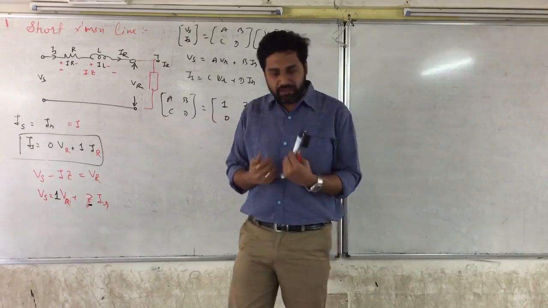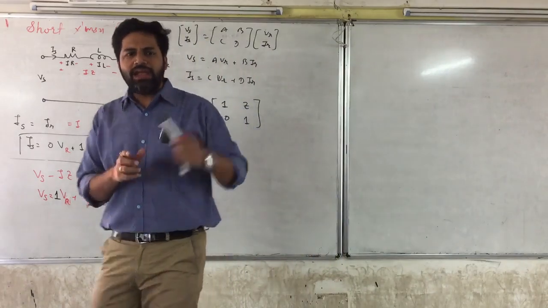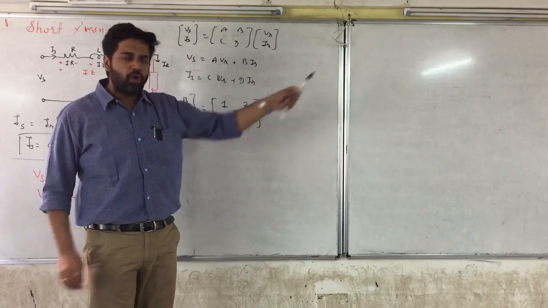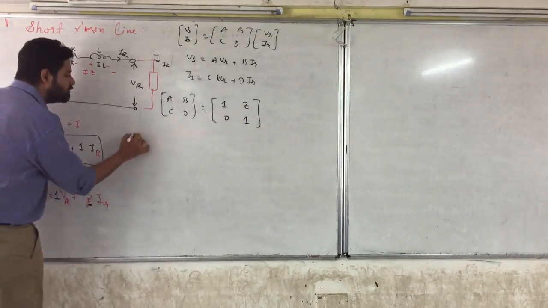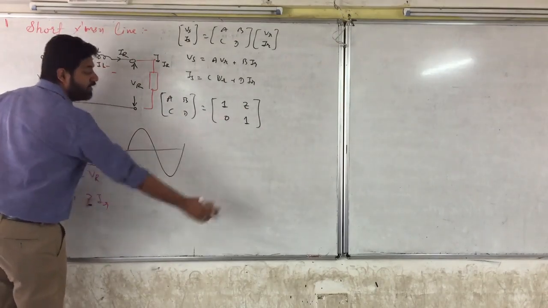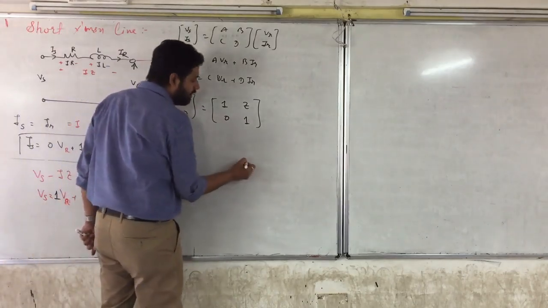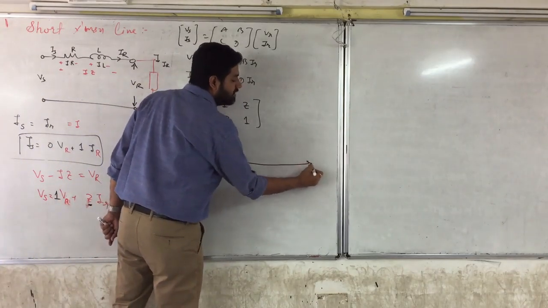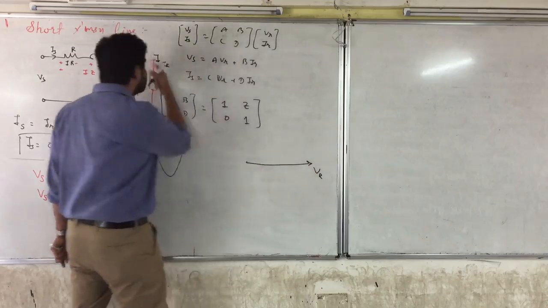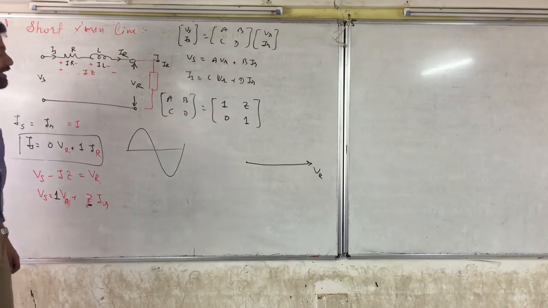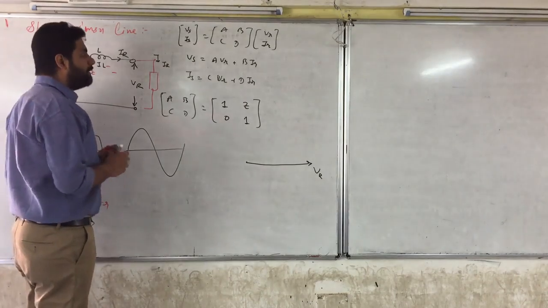So in vector form, I consider this my reference, which is my receiving end voltage. Yes or no? Is it clear?